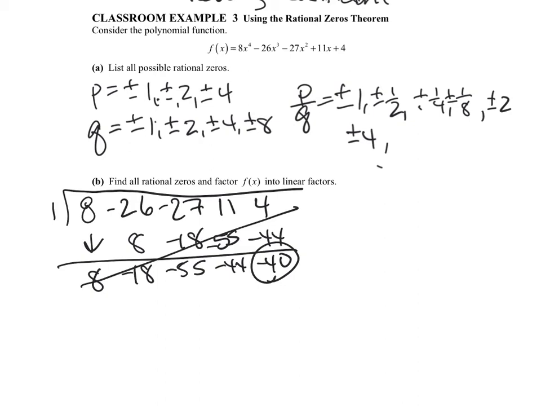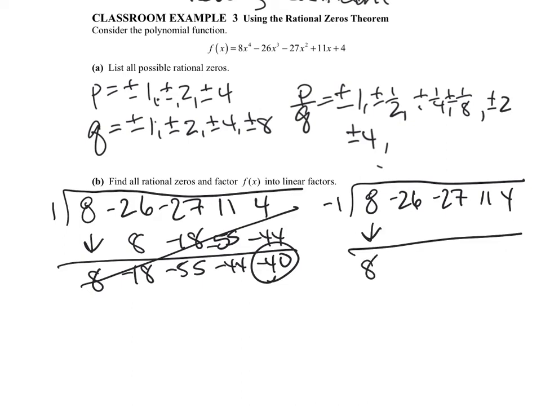So now we're going to try again. Let's try -1. Okay, so that gives us a remainder of 0, so that works.